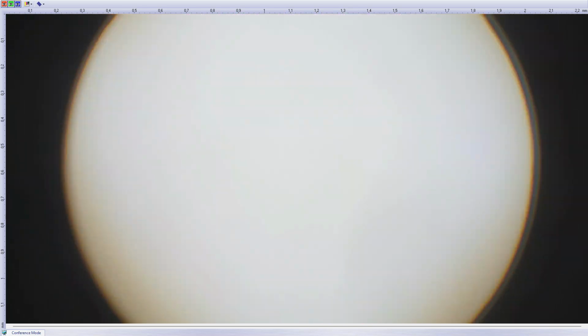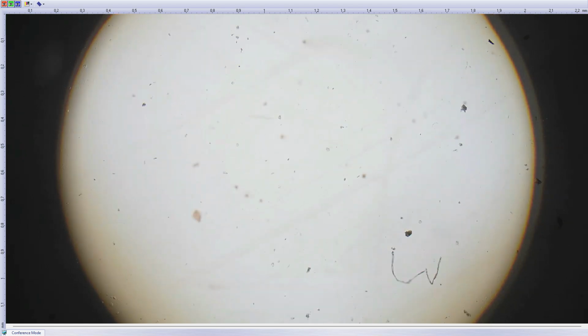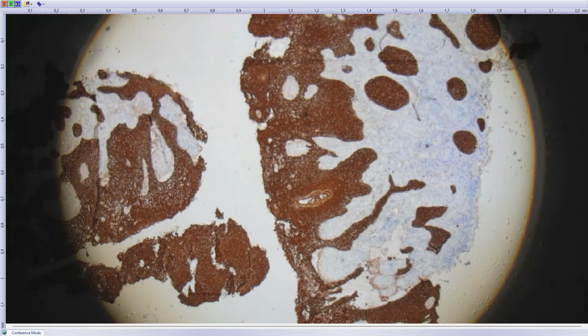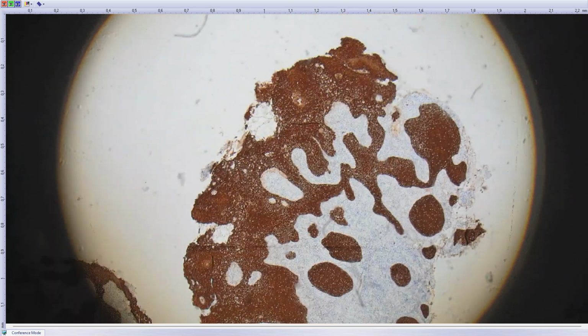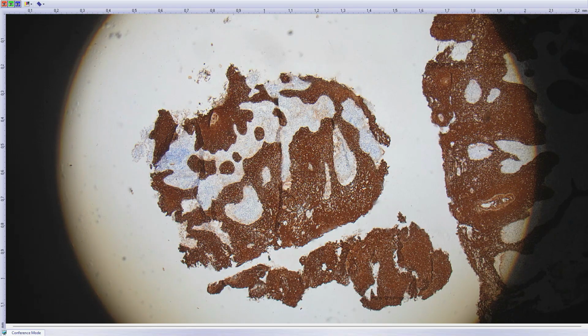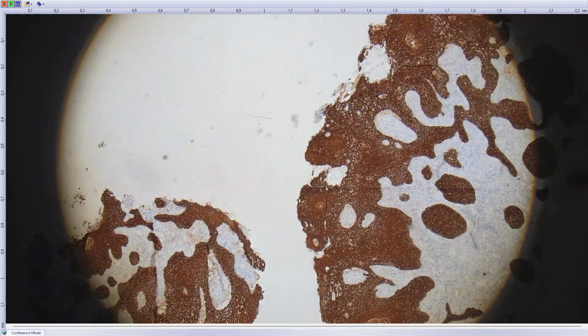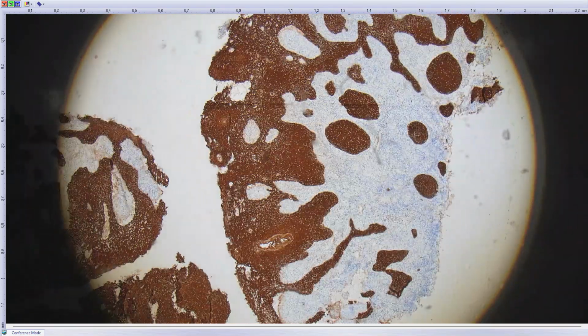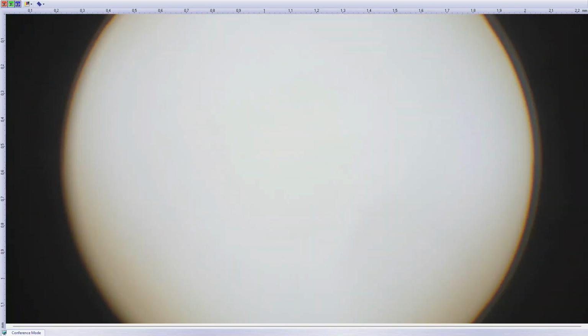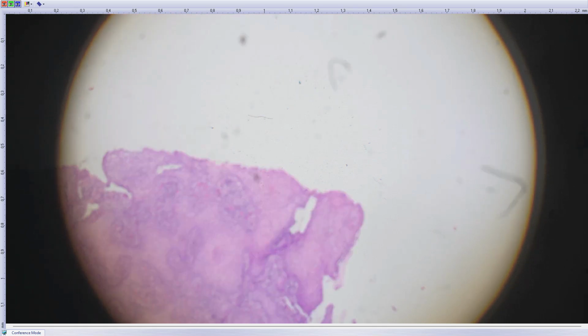Okay, I will show you cytokeratin staining. This shows even more how pronounced the epithelial proliferation is, and in fact it may be quite suspicious for invasive carcinoma, very well differentiated.